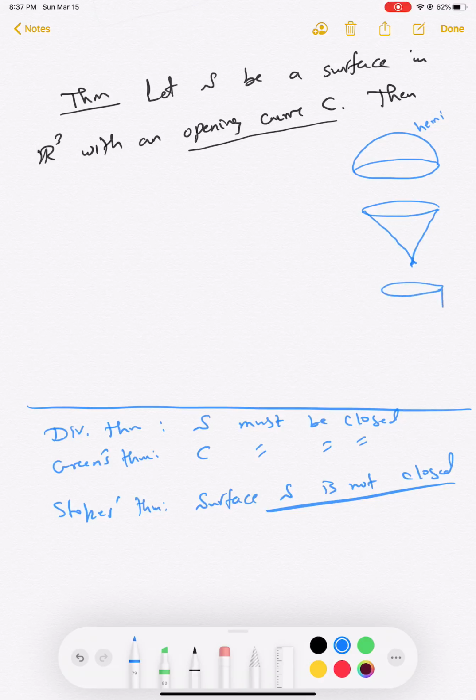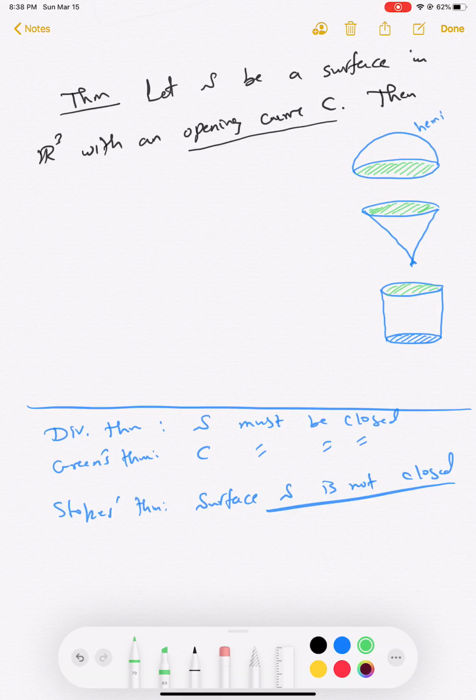If you look at the cylinder, without its top, without its bottom, it is an open surface. Even if you look at the cylinder with its bottom included, for example, it's still an open surface. So I'm going to shade the opening by green, the green color. So this is where the surface is open. This is the region where the surface is open.